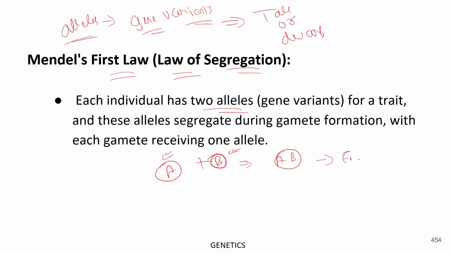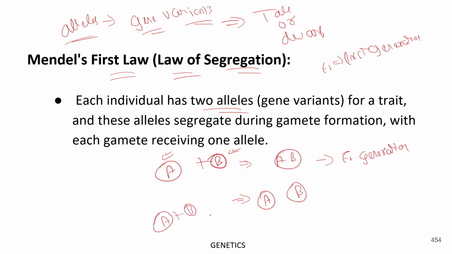F1 stands for the first generation. But in the second generation, both the characteristics will be displayed differently in the F2 generation, because the alleles were showing themselves separately.